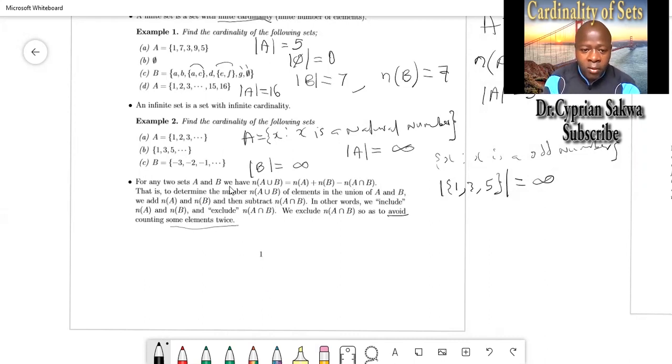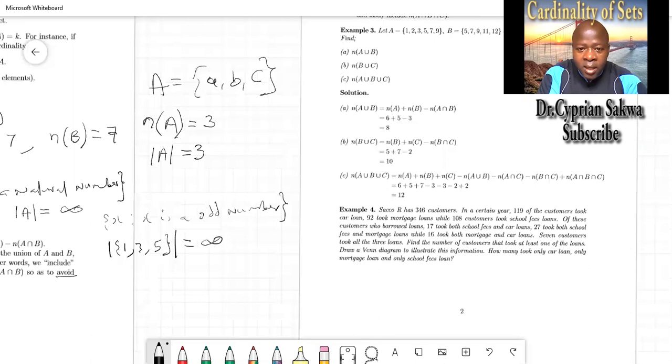What about if there were three sets? If there were three sets, how do we find the number of elements in the union?